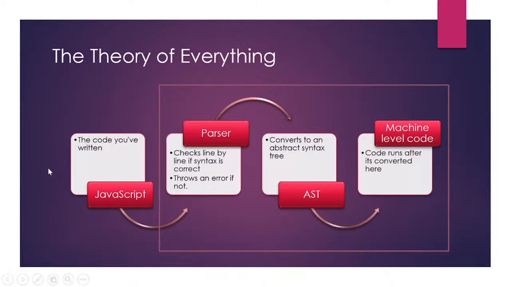So this is the code which you have written, or the JS script which you've uploaded on your website, and then it's passed into this JS engine, whose elements include a parser which checks the code line by line to see if the syntax is correct, and it throws an error if not, right?